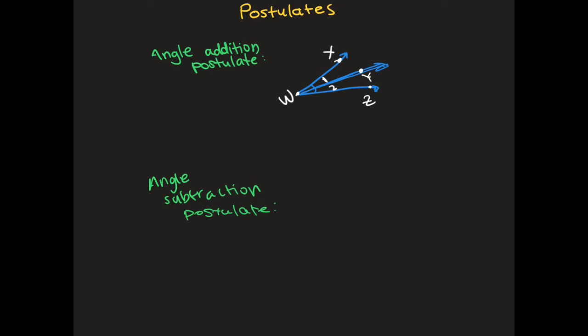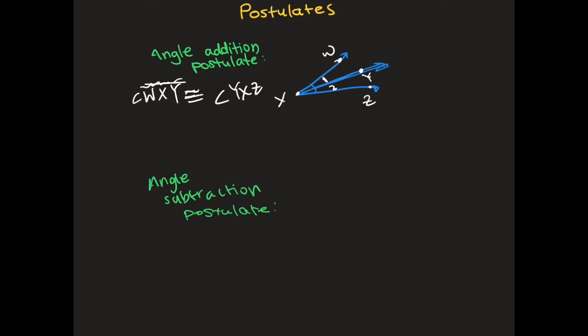Let me label this a little differently: X over here and W over there. What we know is that angle WXY is congruent, that's the congruent sign, to angle YXZ.